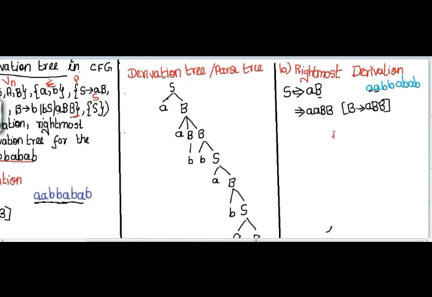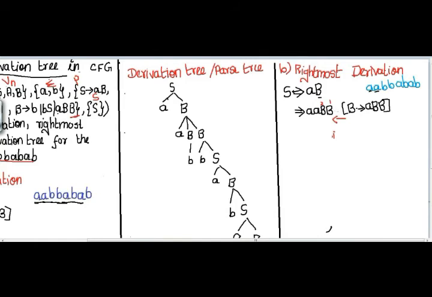Now, since it is rightmost derivation, I have to see this is my first non-terminal from the right side, in this direction, and this is my second non-terminal from the right side. I have to complete this one first, and then I should come back here.